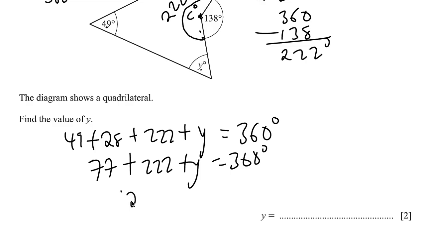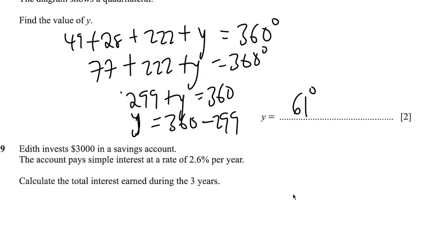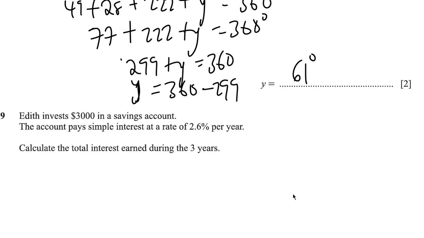That's 299 plus y equals 360. To get the value of y, we subtract 299 from both sides, so y equals 360 negative 299, which is 61 degrees. That implies that the value of y is 61 degrees.